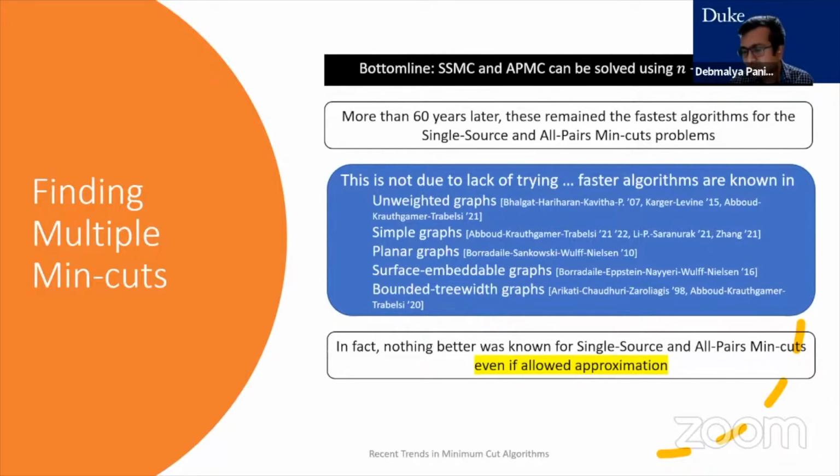Of course, the point here being that approximations tend to lead to faster algorithms for many of these problems. For example, for the ST min cut problem, if you allow a 1 plus epsilon approximation, that leads to near linear time algorithms that have been known for several years now. But not for these problems.